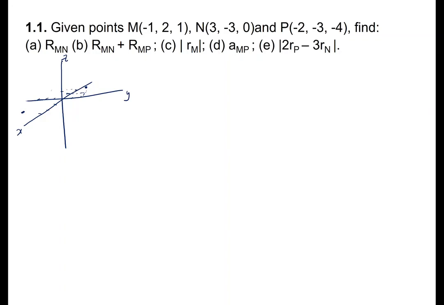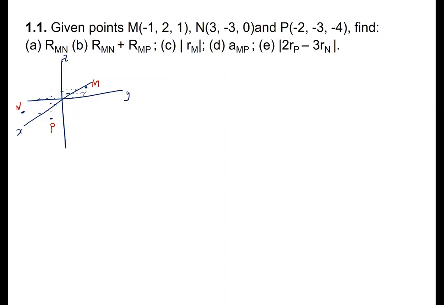And then negative 4, so 4 steps downward: 1, 2, 3, 4. This is your P. Now RMN is the vector from M to N. Let's label this one first: this is M, this is N, this is P. Very simple.